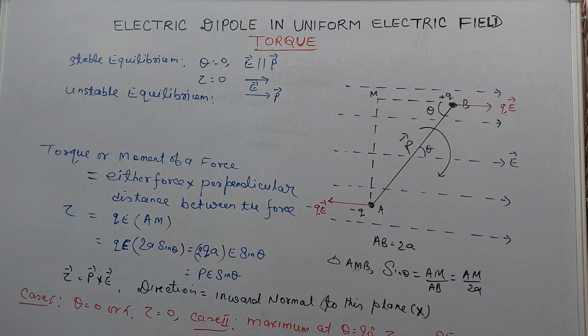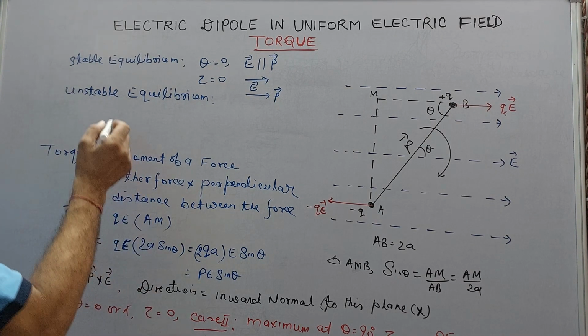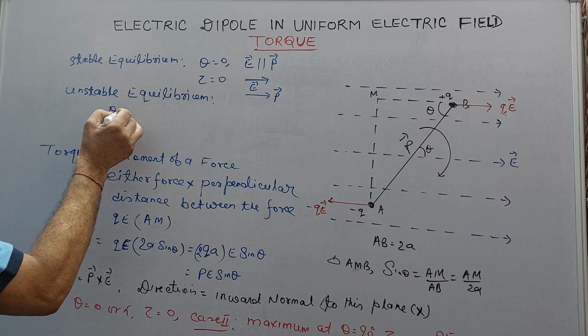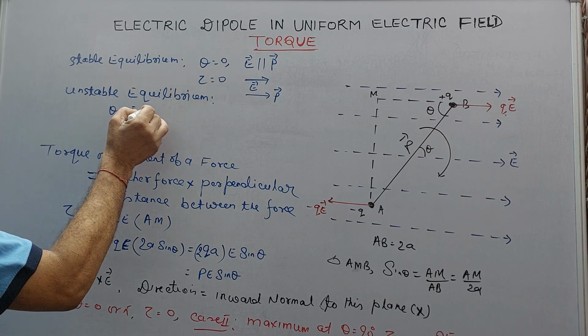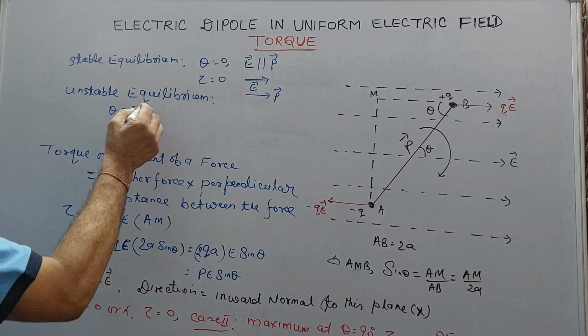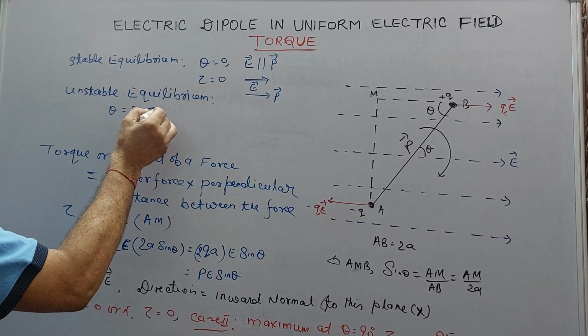Now in both cases, the total torque on the dipole should be 0. For unstable equilibrium the condition is theta is equal to pi, and when theta is equal to pi, we know that sin pi is equal to 0, therefore torque will be 0.